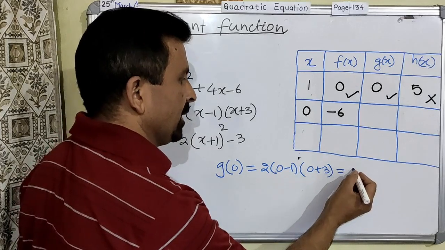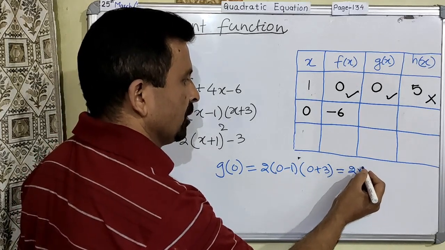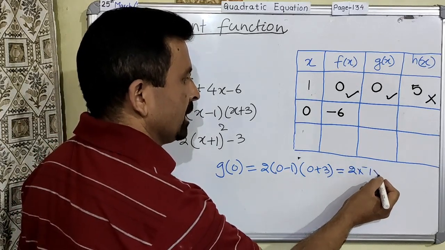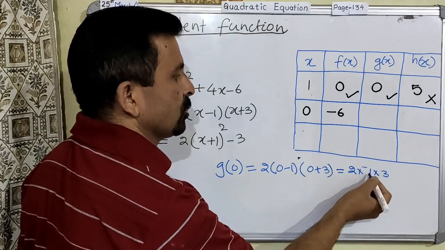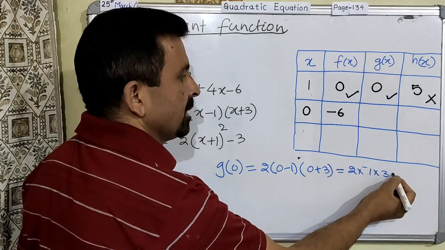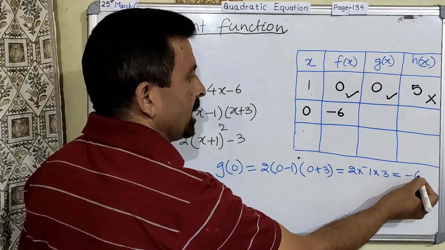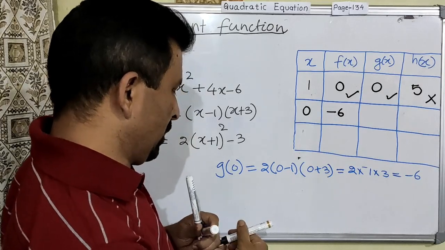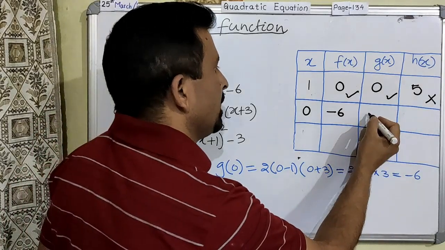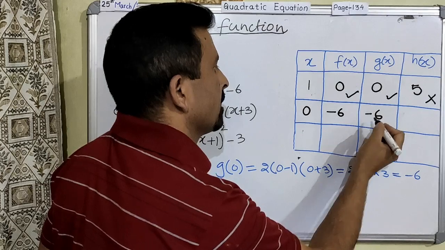That means ultimately we have 2 into minus 1 into 3. Clear? So 2 times 3 is 6, and 6 into 1 is 6, and this is minus. Therefore the result will also be minus. So for x equal to 0, the value of the factored form also is negative 6.